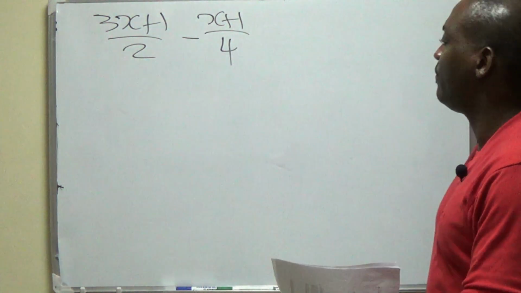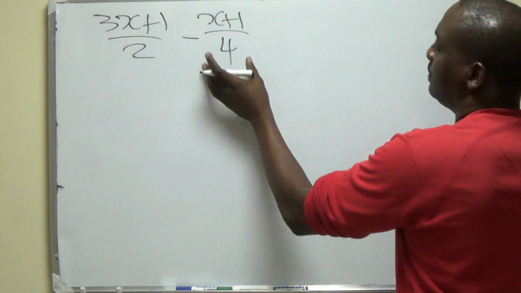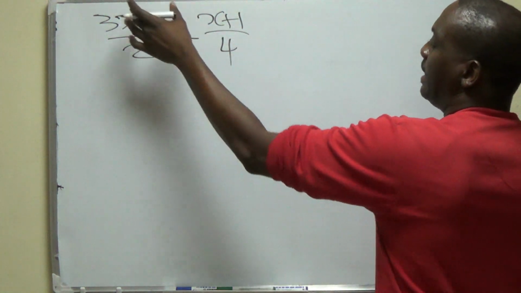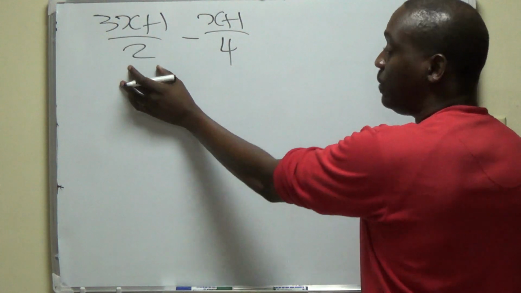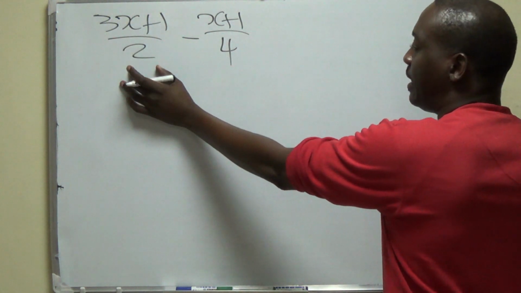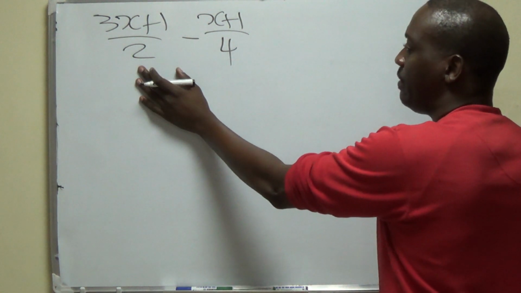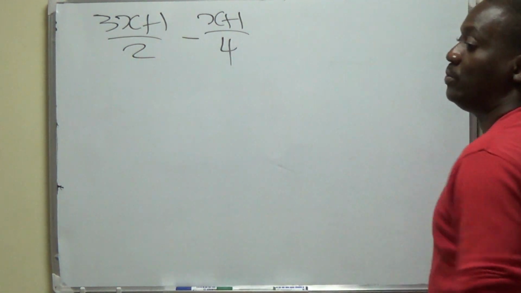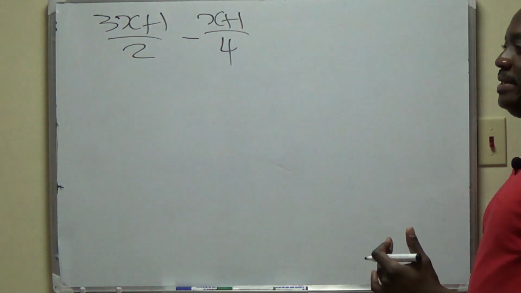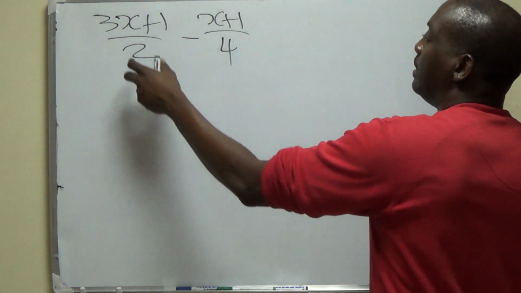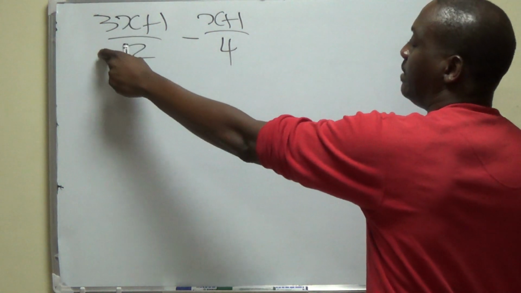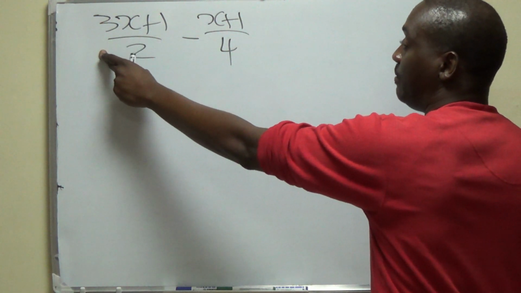So that if we have a fraction with a denominator of 4 here and a fraction with a denominator of 2 here, given the fact that 4 is a multiple of 2, then all we need to do to commonalize the denominators is simply to express this fraction as a fraction with a denominator of 4.